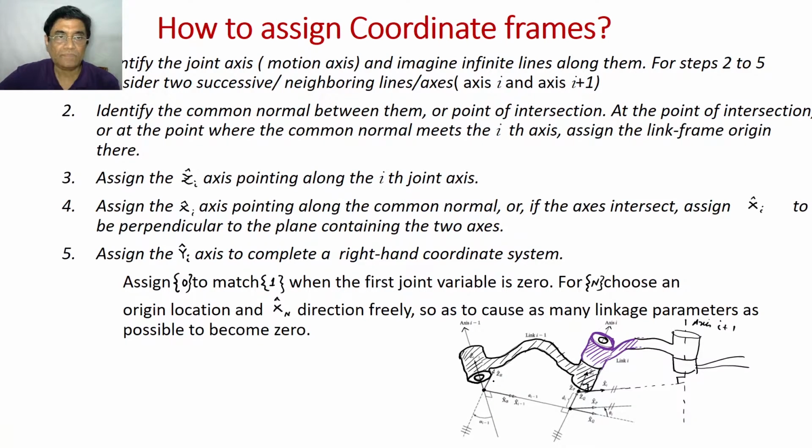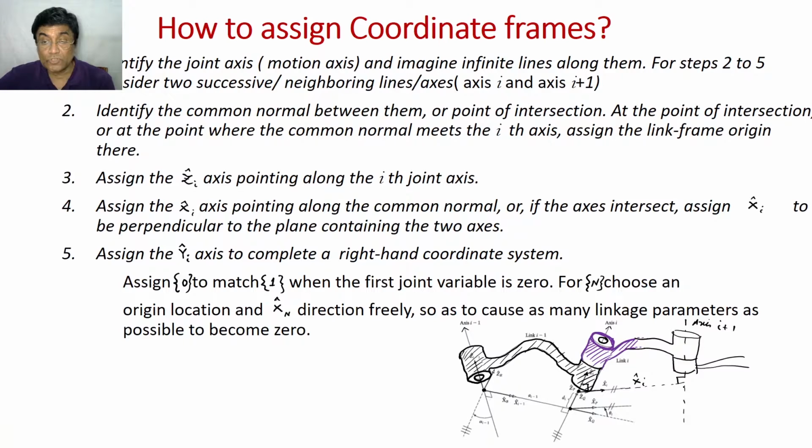So x I minus 1 will be this, and the origin of the I minus 1 frame will be here. Similarly, the origin of the ith coordinate frame will be here, and this is your xi. This is very well understood now. That is the way you assign coordinate frames.